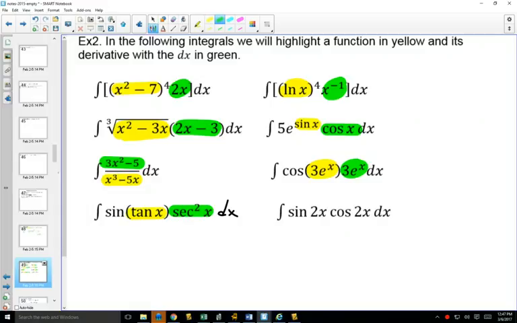You could say, I see one function and its derivative this way. I see a function and its derivative this way. You might also see an identity or a couple of identities and be able to work with that. So when we get to this last question, there's going to be a couple of different methods that we can use to work with that one.